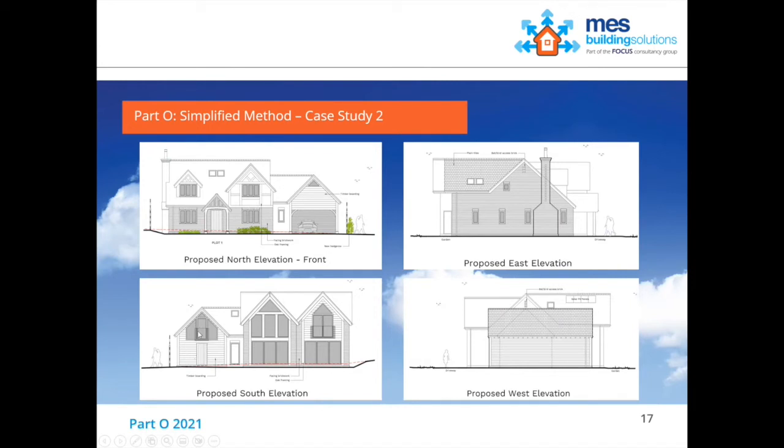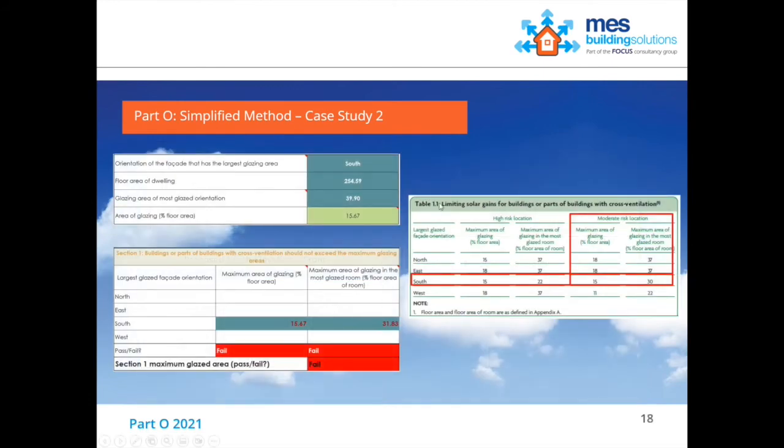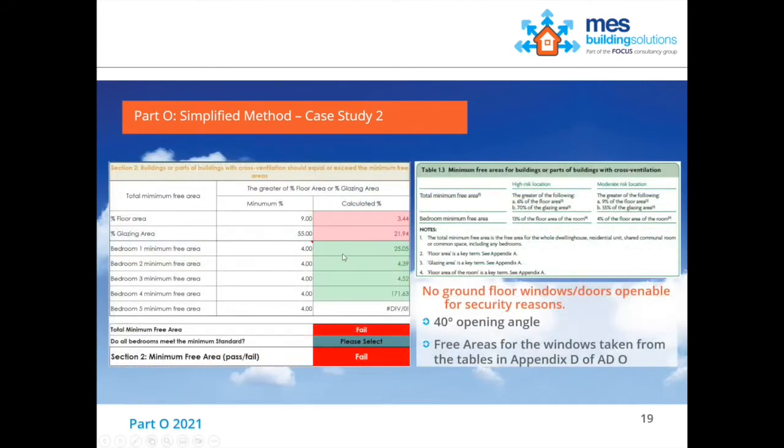So even though these doors could be left open overnight because they're potentially in an occupied bedroom, and they're also on the first floor, so they're unlikely to cause a major security risk overnight. We do have large areas here that are not actually openable, and so when we look at those criteria, we have to provide 9% for it.